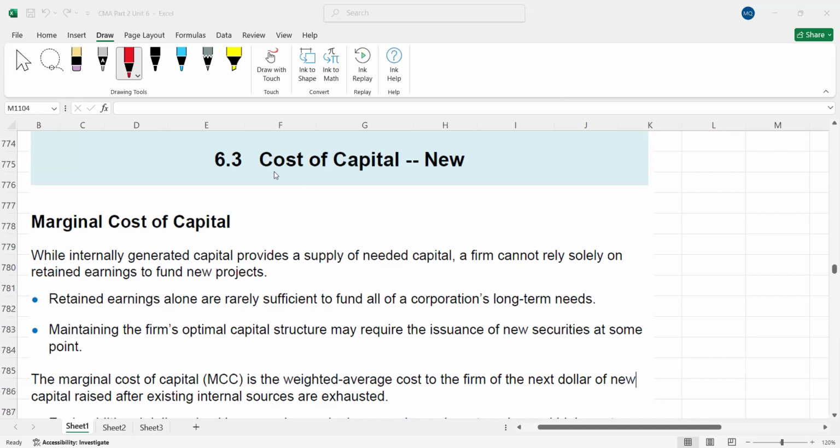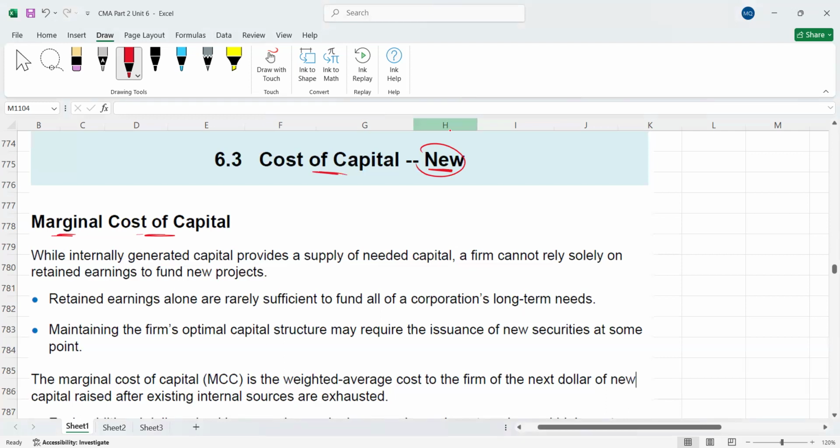So today we are going to discuss cost of capital for new sources of finance. In the previous lecture, we discussed how to calculate the cost of capital for current sources of finance. This cost of capital for new sources of finance is also called marginal cost of capital. Let me explain what the marginal cost of capital is first.